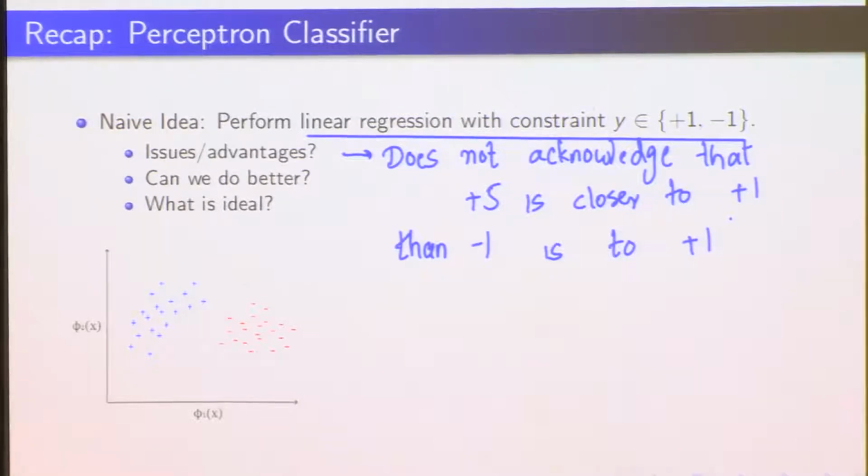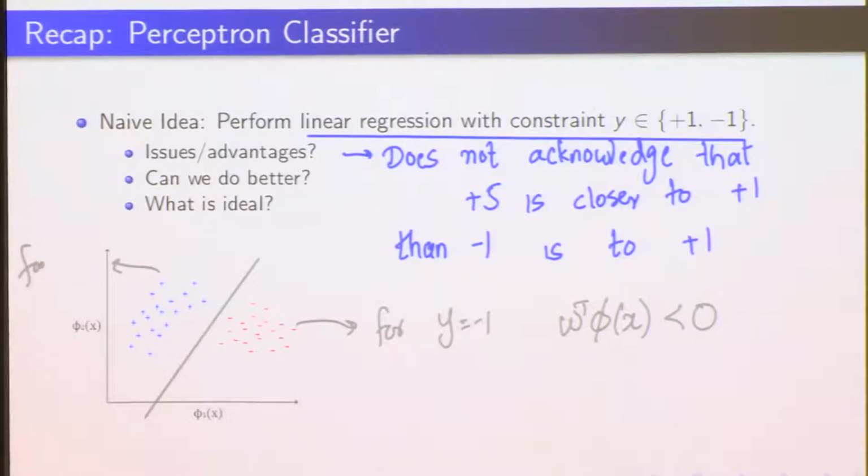And Perceptron, on the other hand, says, well, all of these are going to have the same label, so the only rule is for y equals minus 1, W transpose phi x should be less than 0, for y equals plus 1, W transpose phi x should be greater than or equal to 0.